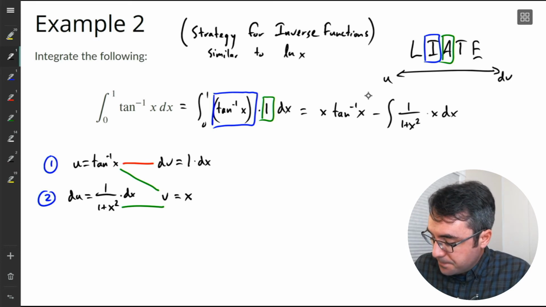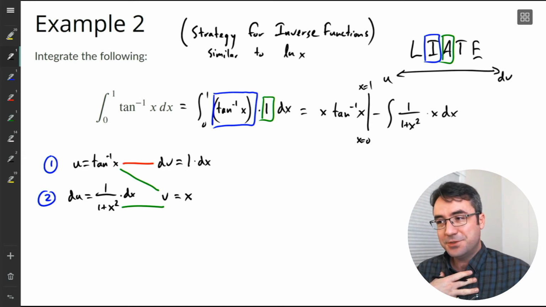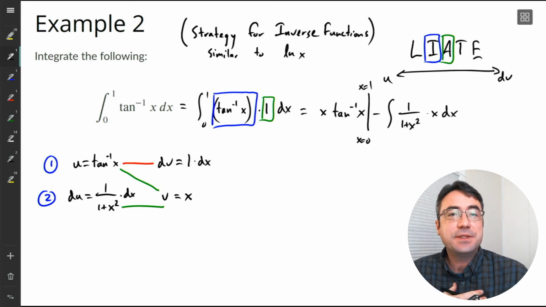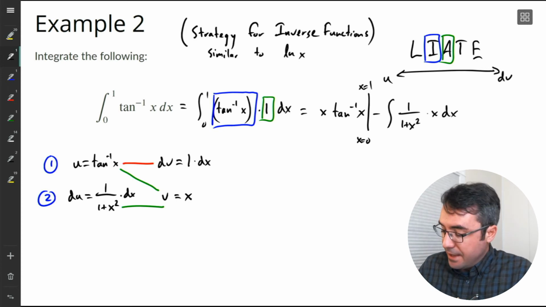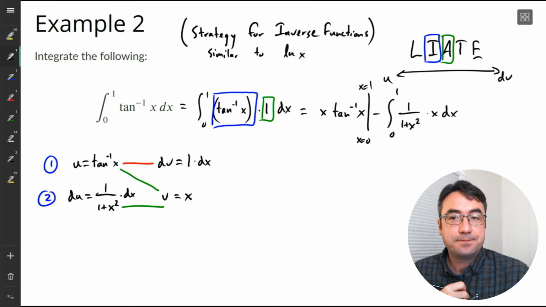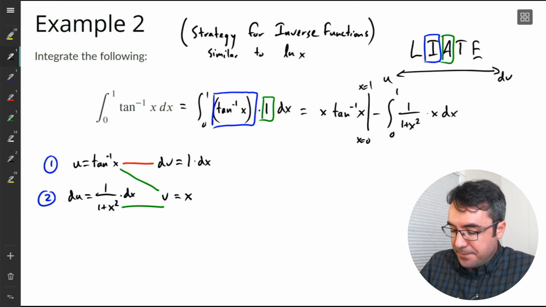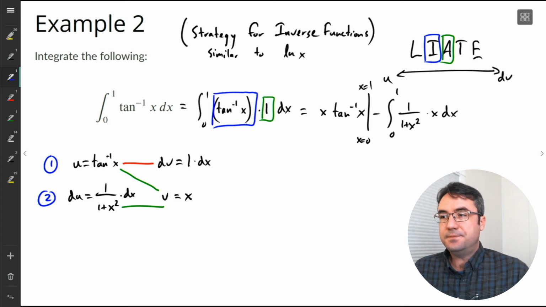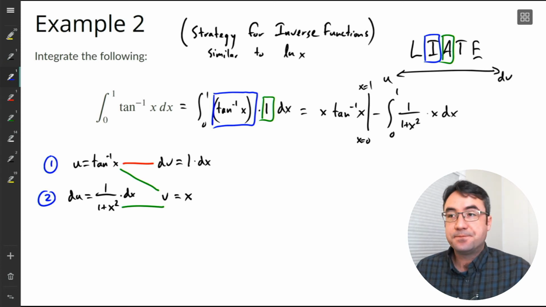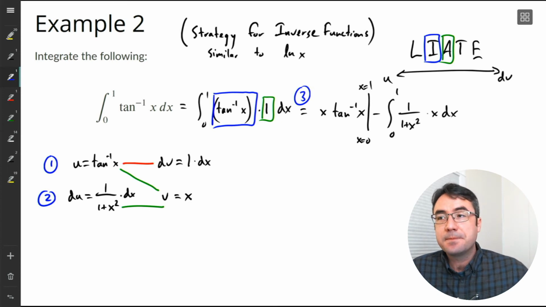So what we'll do is we'll evaluate the u times v part, and then we'll also evaluate the v times du part. And we'll do that separately. All right, so that's step 3. Step 3 is to just apply the integration by parts formula.